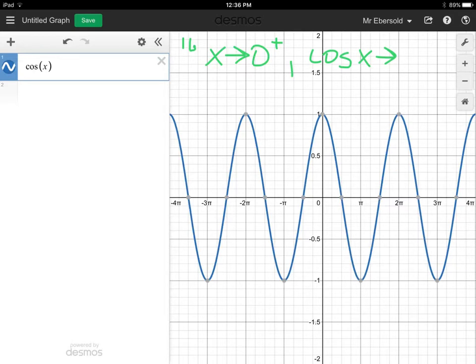If instead they said x approaches 0 with a little negative sign, they mean coming from this direction. Okay, and so depending on the function that you're talking about, that may actually have an effect. On this one, it doesn't make any difference, but that is what the notation is.